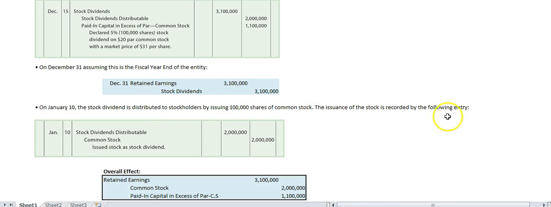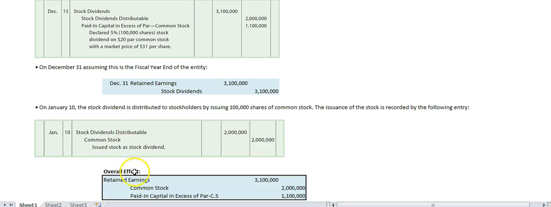The issuance of the stock is recorded by the following entry, okay? So all you're going to do is close what I had told you was going to be a temporary account, stock dividends distributable, which we had up here, right? You're going to close it. Now it's going to be zero, and you're going to put it in the proper account, common stock. Because now you're actually going to have the common stock out there circulating, right?